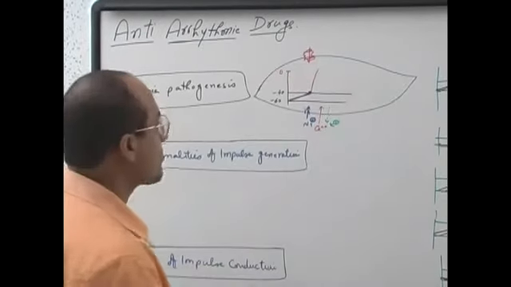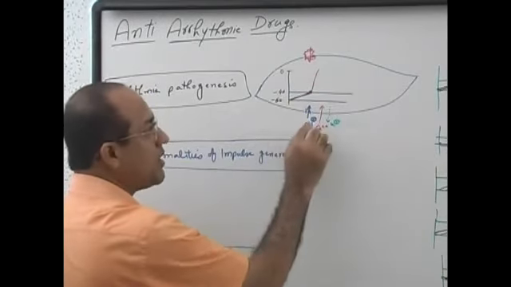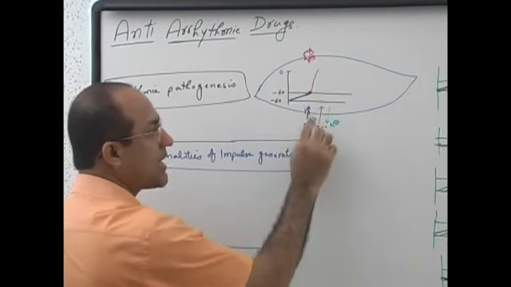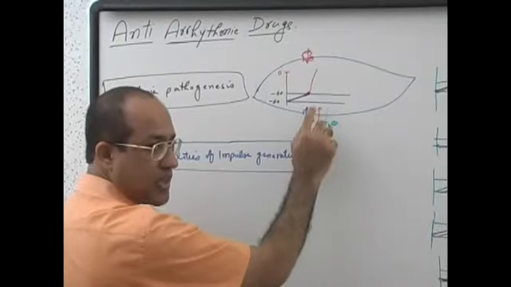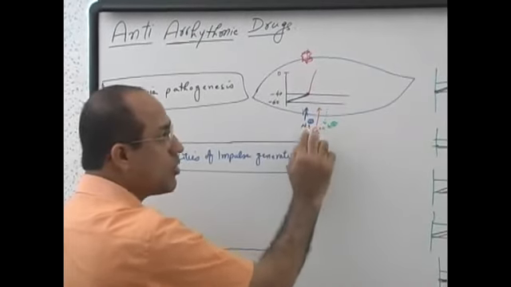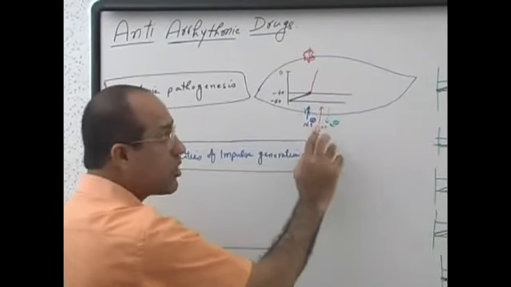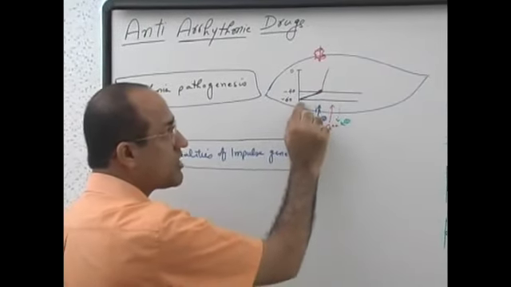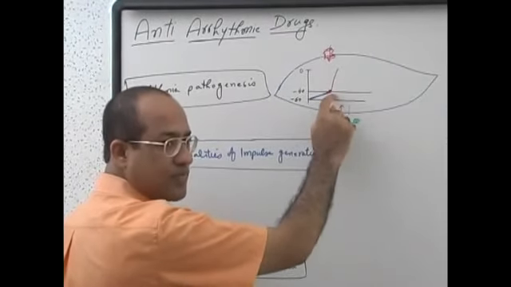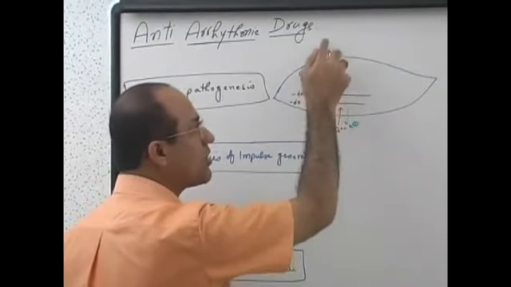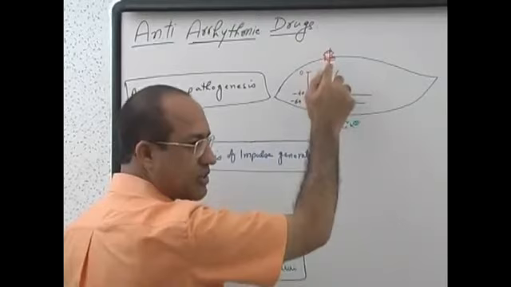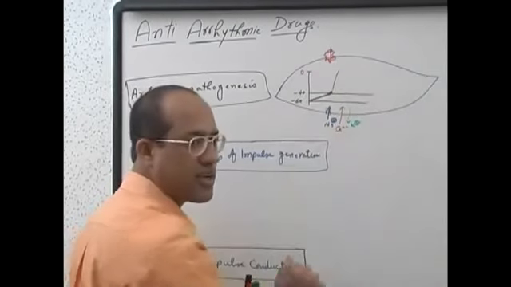So it means that the leaking in of sodium and calcium, with less loss of potassium and more gain of sodium and calcium, took the resting membrane potential up to threshold, and as soon as it reached threshold, it took off because a lot of voltage sensitive calcium came in and it gets depolarized.